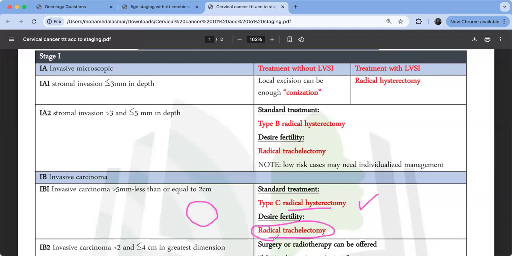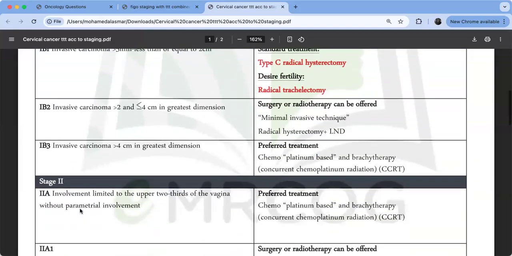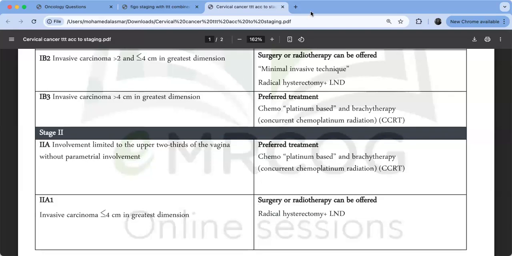So the fertility sparing option is for 1A and 1B1. Okay, friends? From 1B2, here, it is a dilemma to be or not to be.